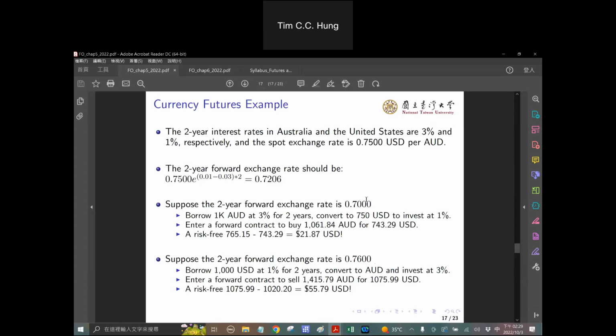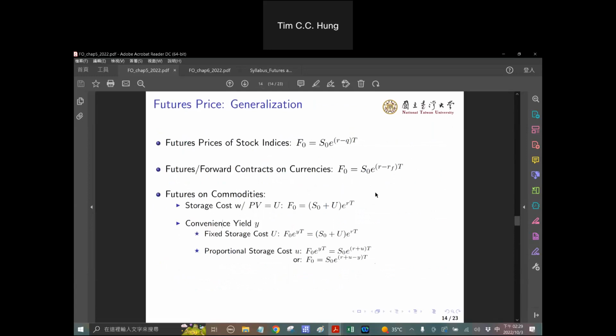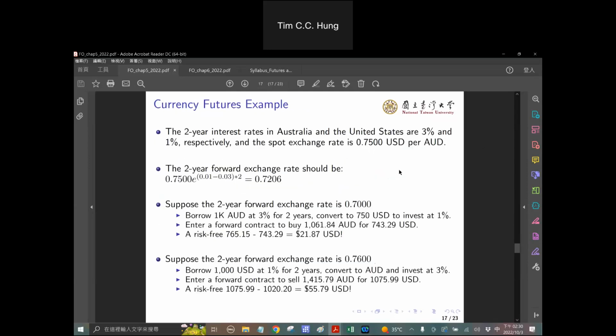Now, according to our formula over here, the futures price should equal the spot exchange rate multiplied by e to the power of a differential. The differential is the risk-free rate in the foreign country minus the risk-free rate in the domestic country, times the time horizon.